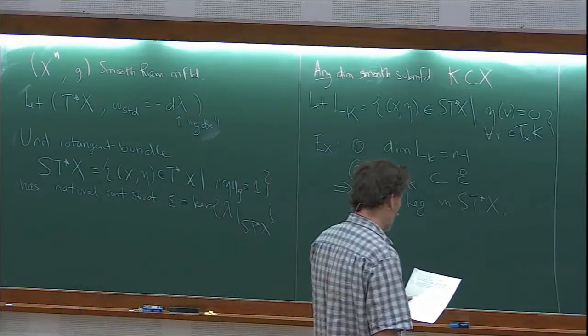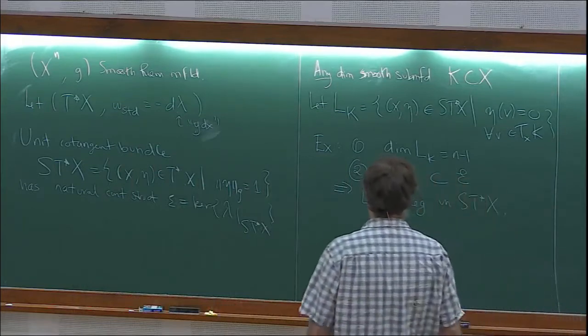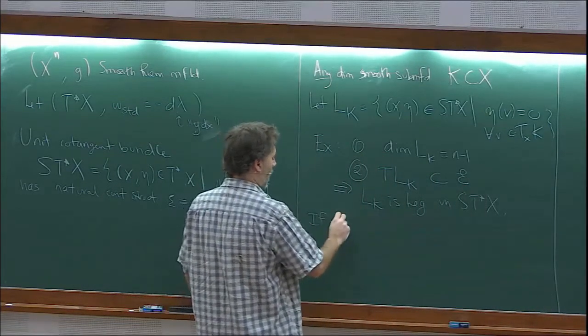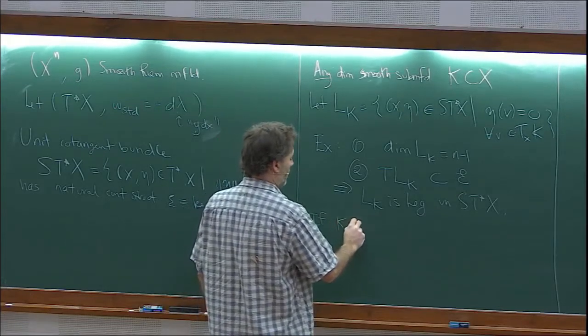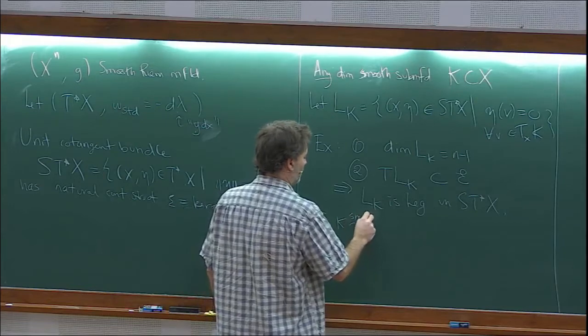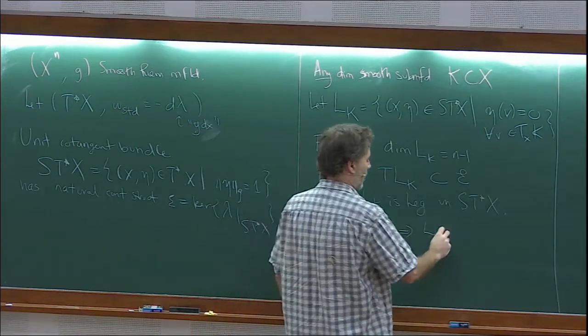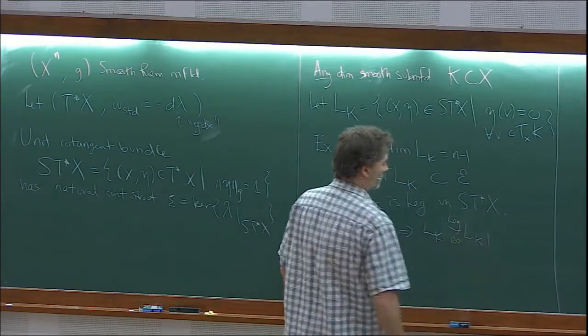Right. And in particular, if K is smoothly isotopic to K prime, then LK is Legendrian isotopic to LK prime.